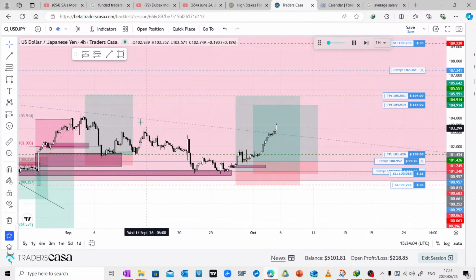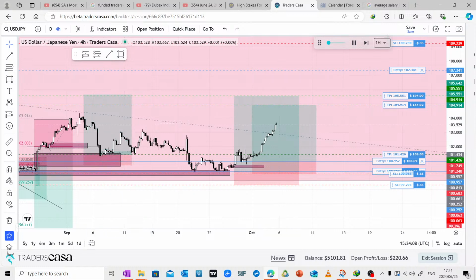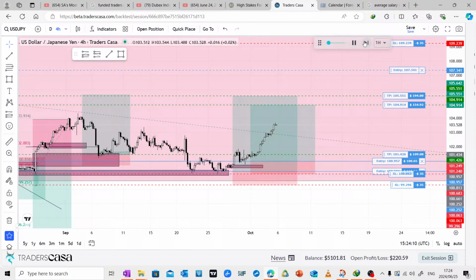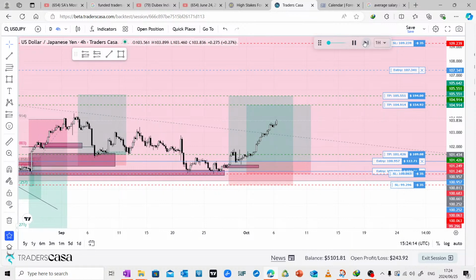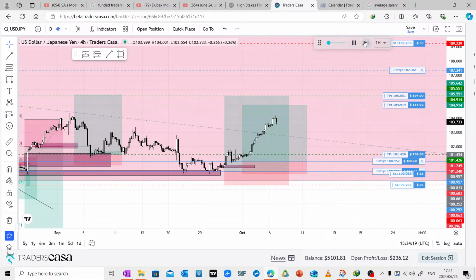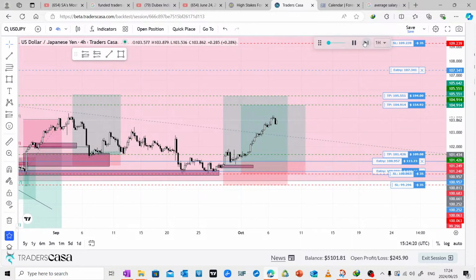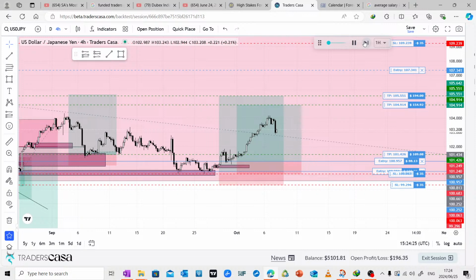Taking out buy side here. Next buy side is here. The next buy side is there. Okay, this could be our last push to the upside. Okay, failed.